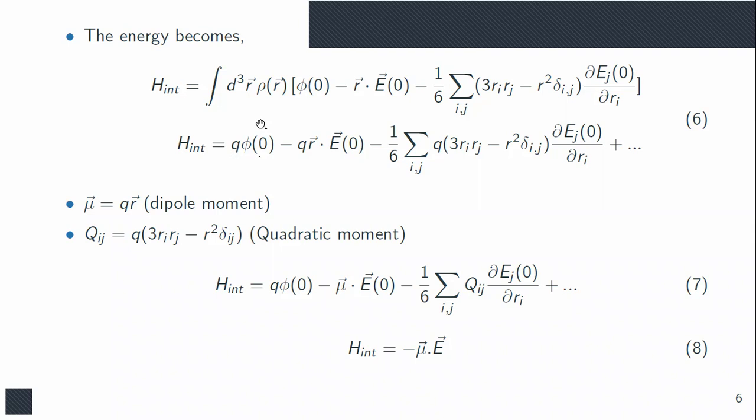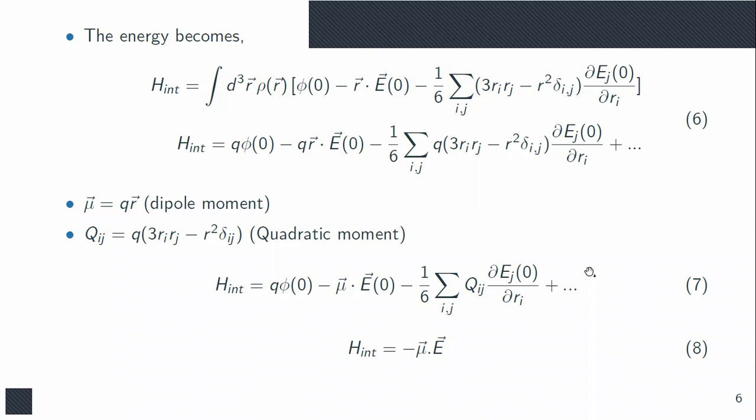The second term is a dipole moment, and the third term is the quadrupole moment. So we put these recognizable forms in our equation and get this simplified form. As we can see, there are three interaction terms, and we usually ignore the much higher terms due to their lesser influence on our interaction Hamiltonian.